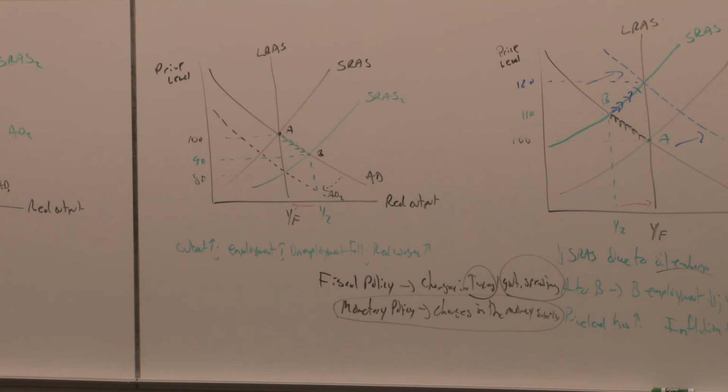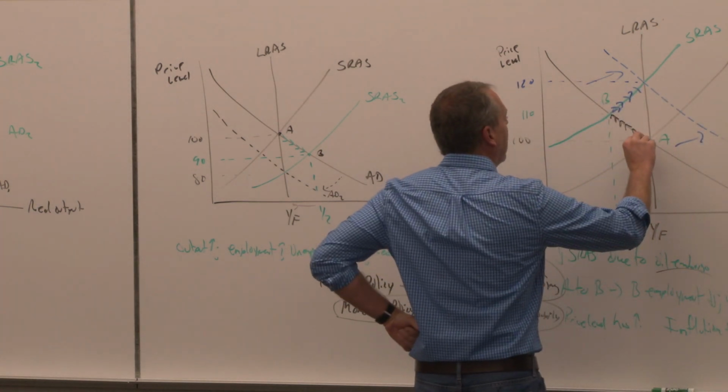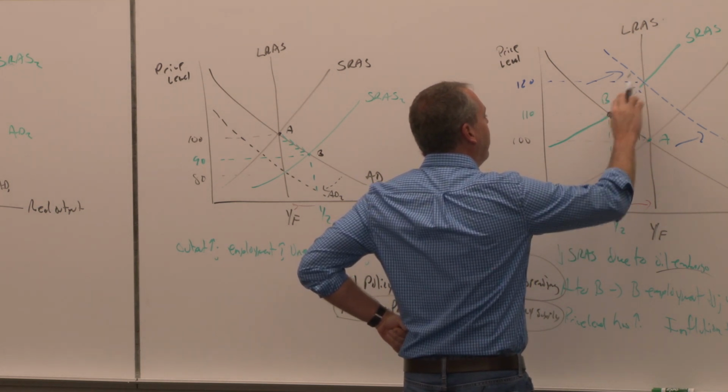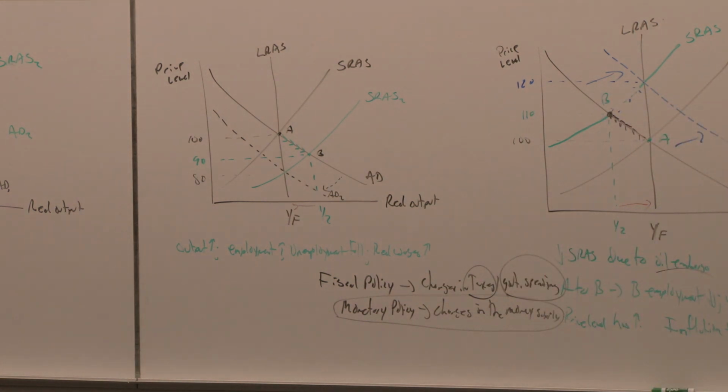the reason that we have these two different models is because we got to this model where you're at this point right here. And remember what we said. We said eventually, whatever it was that caused the short-run aggregate supply curve to decline is done, then we'll move back to A, right? And that will eventually happen.